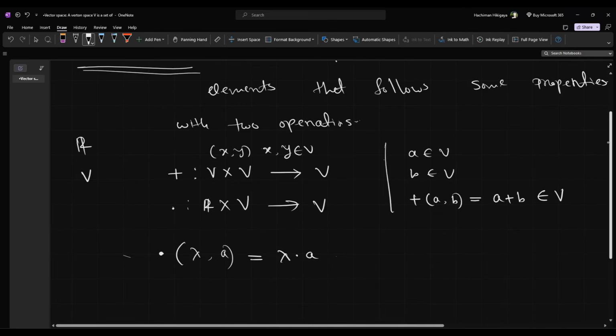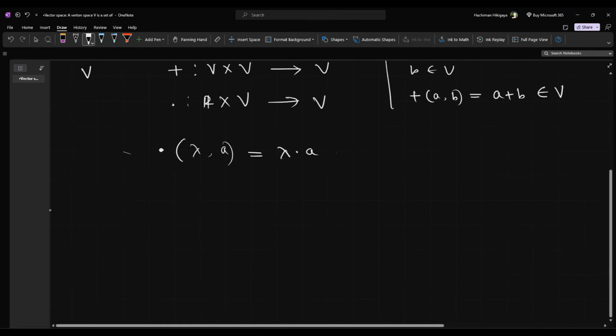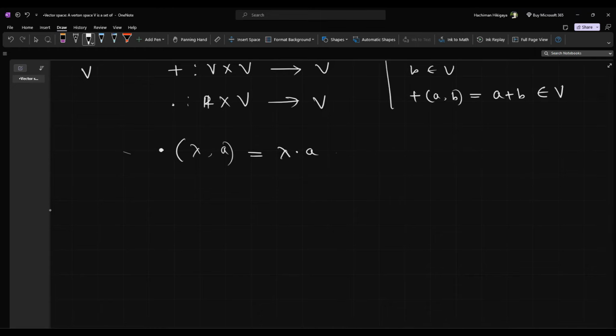And the properties that make sure the set is a vector space are the following. First, the commutative law for the plus.